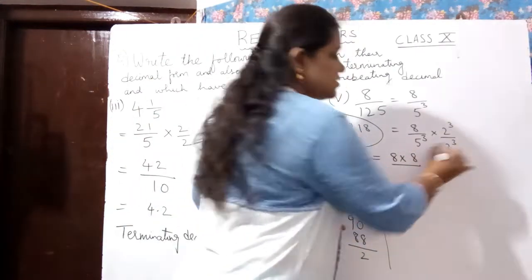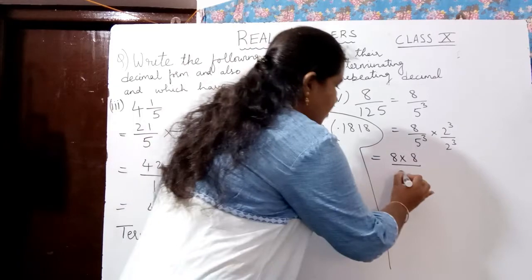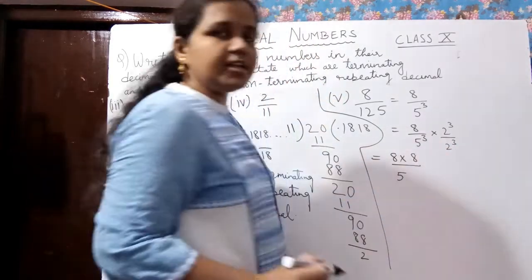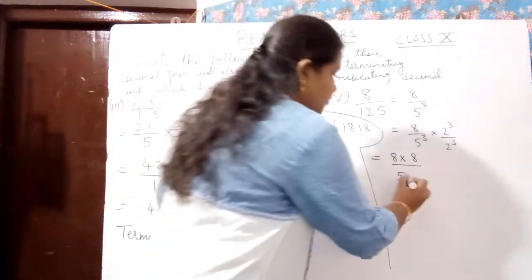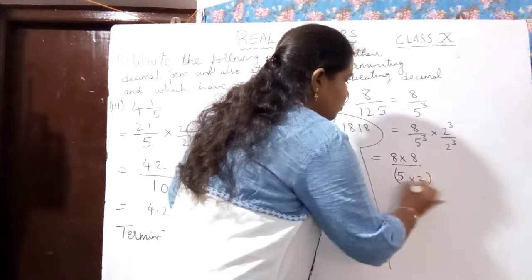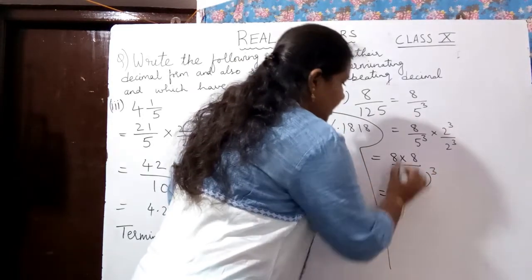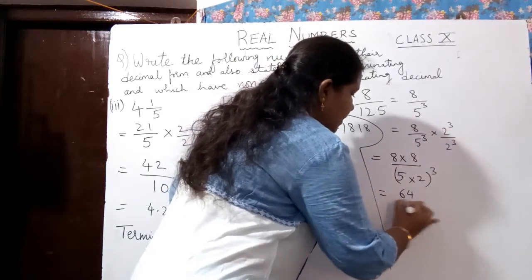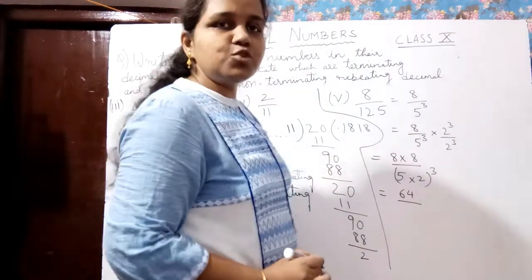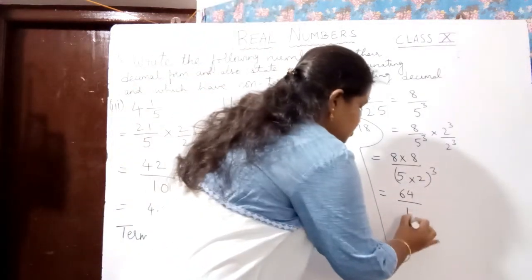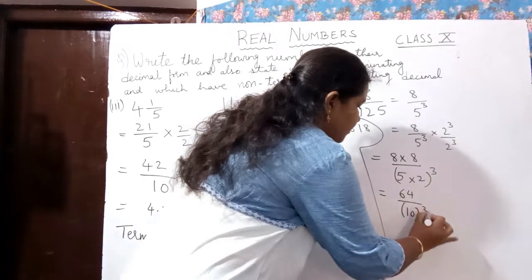By, in this, I will write the common power, that is 5 into 2 whole cube. So that is 8 8s is 64 by 5 into 2 is 10. So I will get 10 cube.